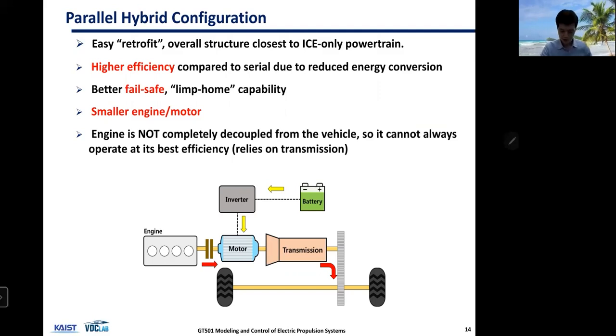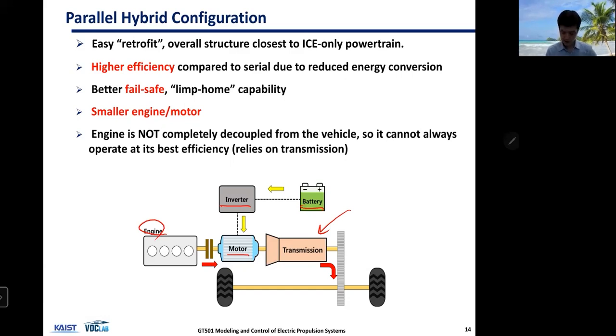Especially parallel hybrids use only one motor, relatively small motor, inverter and battery, because it only supports or assists your main power source, which is the engine. And you still get to use transmission, and you're placing the motor between those two. So you no longer need a torque converter, which is a very inefficient component.